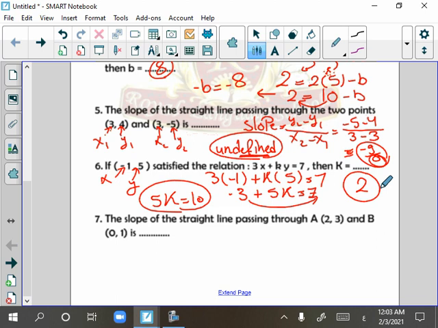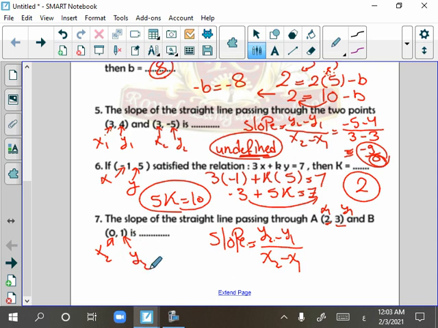Number 7, the slope of the straight line passing through (2, 3) and (0, 1). Then we will write slope equal y2 minus y1 divided by x2 minus x1. 2 is x1 and 3 is y1, and 0 is x2 and 1 is y2.